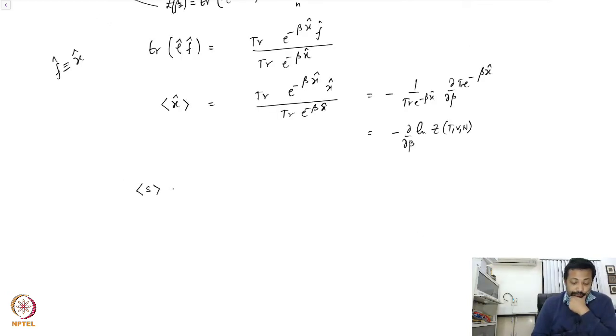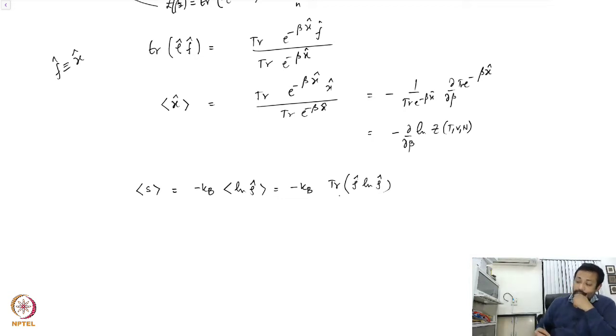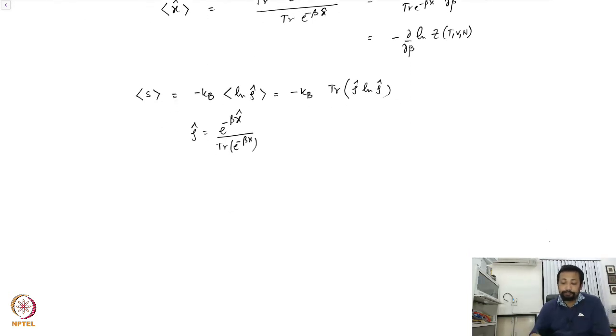The average of the entropy is minus kB times the average of ln rho hat, which is minus kB trace of rho hat ln rho hat, right? Now if I want to use rho hat as e to the power minus beta H divided by trace of e to the power minus beta H, I can substitute this quantity over here.